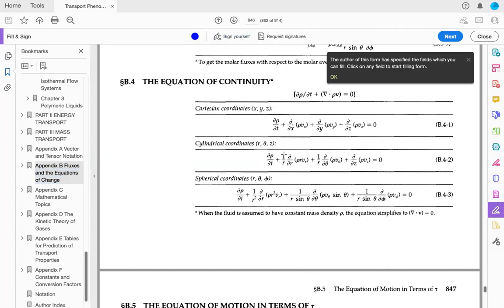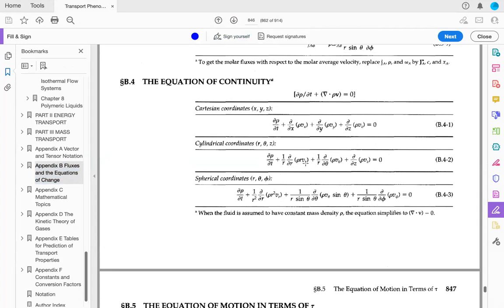How about 1 over r dou over dou r of rho v_r? Do we have v_r, velocity in the direction of r? Remember in the cylindrical coordinate, the flow is just in the z direction. Do we have velocity in r? No, so this one is also 0. Do we have v_theta?